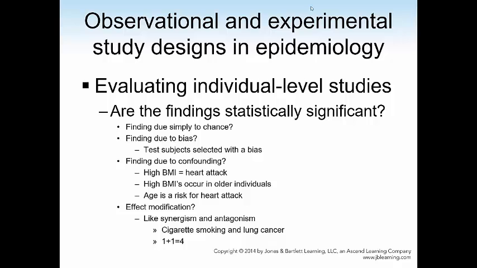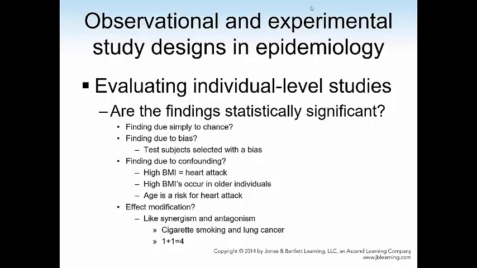So you're pretty much up there 50-50. Also, you have to look to see if there's any bias. So how are the test subjects selected? I have a little example of that. So you want to make sure there's no bias. You don't want to have any bias when selecting your test subjects. Okay, plain and simple.